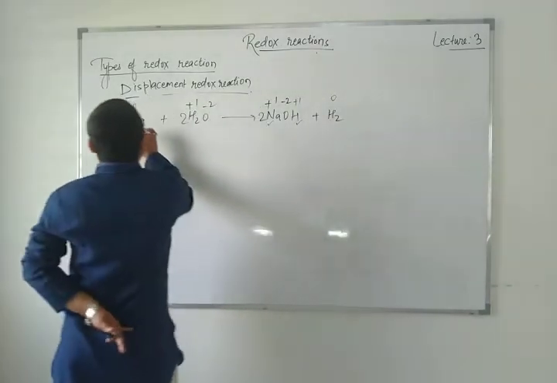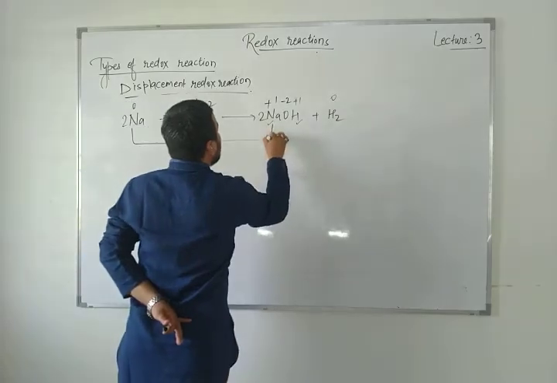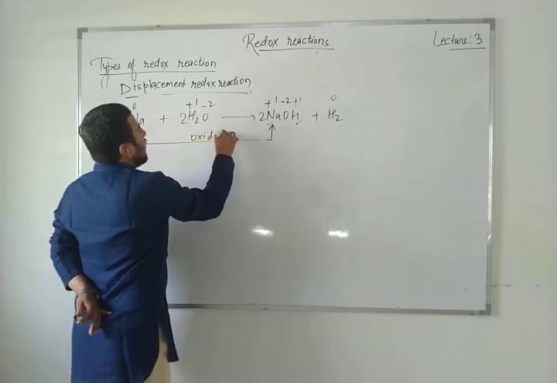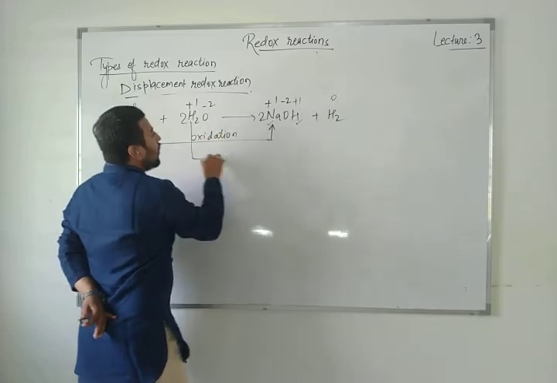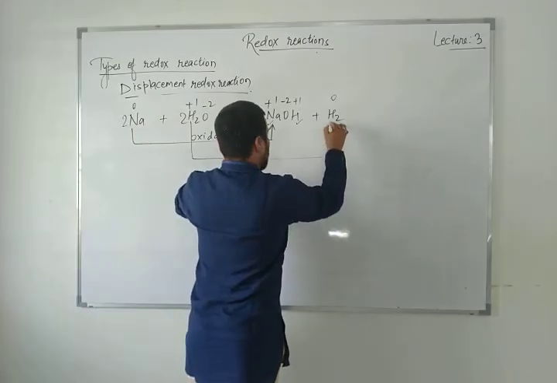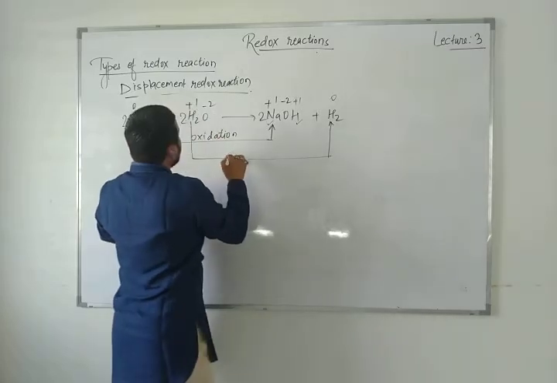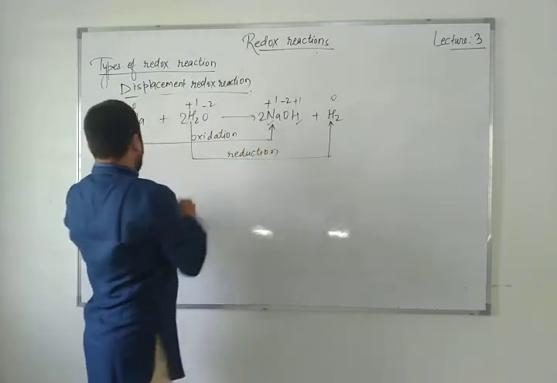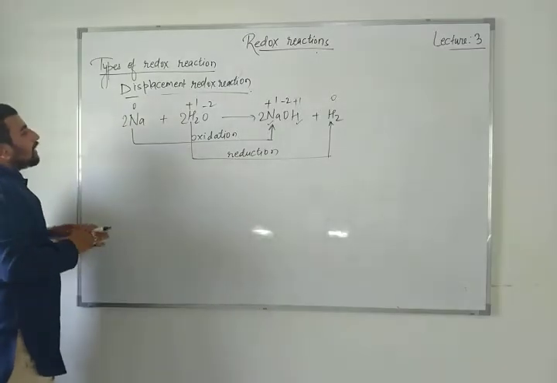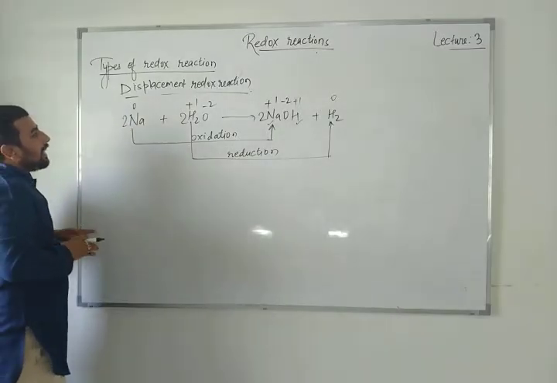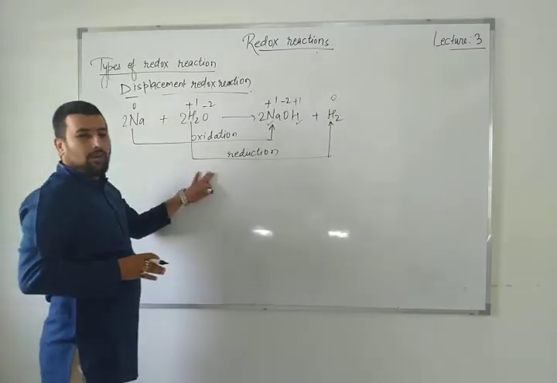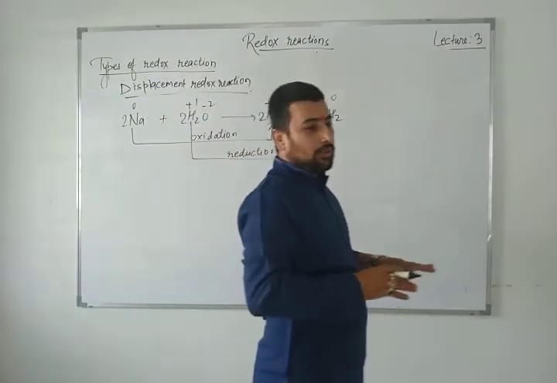So from sodium 0 to sodium +1, it is oxidation, and hydrogen +1 to hydrogen 0 is reduction, right? So here you can say that this reaction is a non-metal displacement reaction.